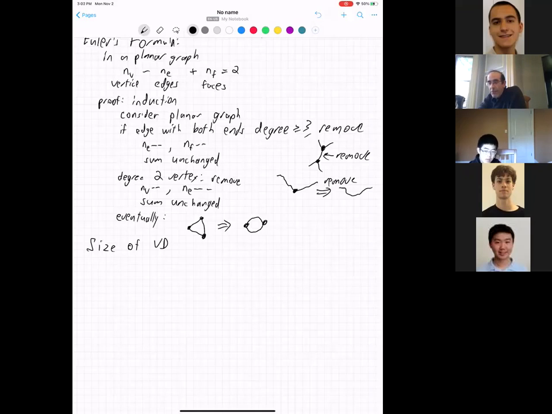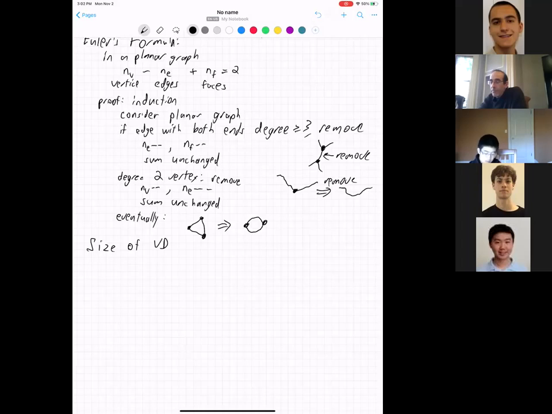Once everything is degree 2, we need an edge between 2 degree 3 vertices to be able to remove. But again, as long as I have a degree 2 vertex, I can remove it. No, but what if we have 2 degree 3 vertices that are not connected to each other? Well, as long as I have any degree 2 vertices, I can remove them. So the only time I need to go back to the degree 3 case is when no vertices are degree 2.